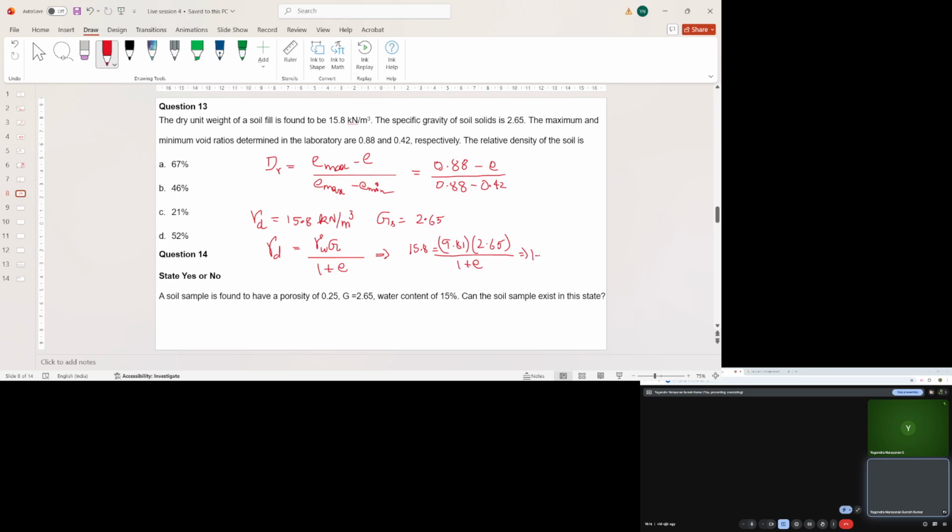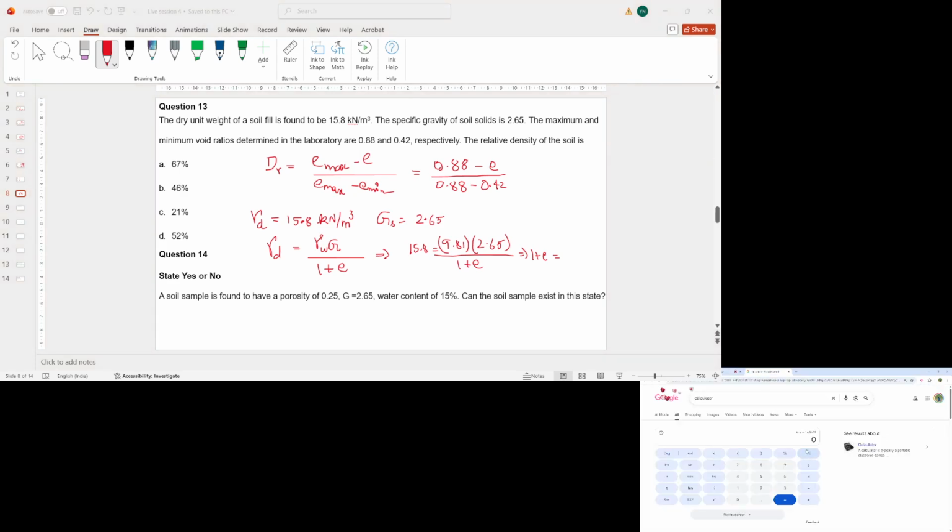Calculate this ratio: 9.81 into 2.65 divided by 15.8. It's approximately 1.65 for 1 plus e, and e is going to be 0.65.